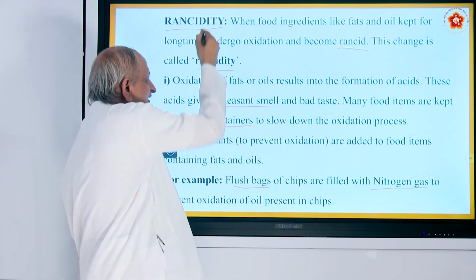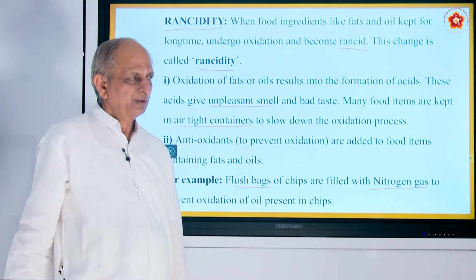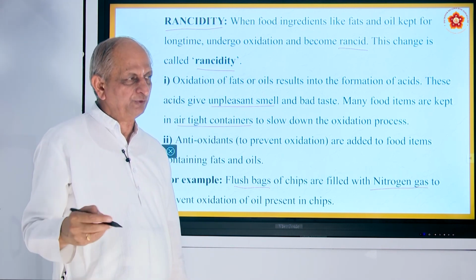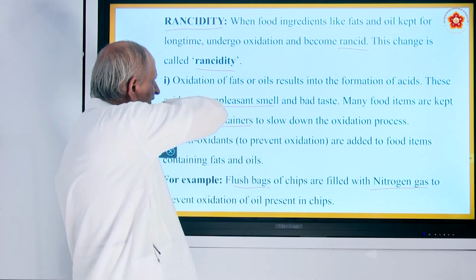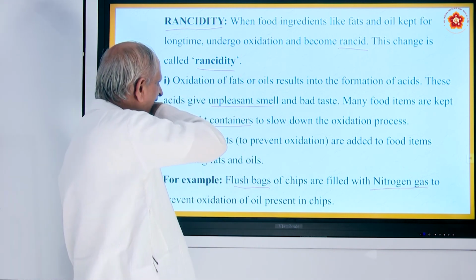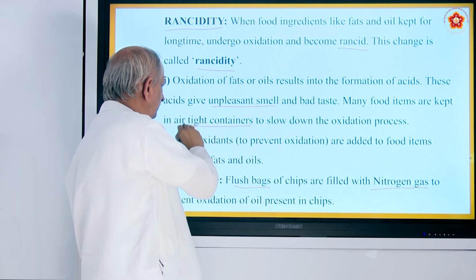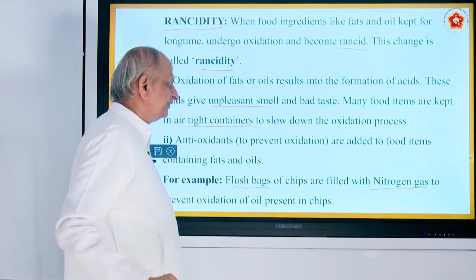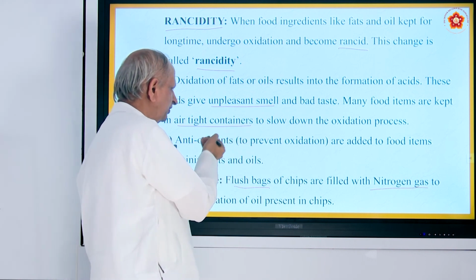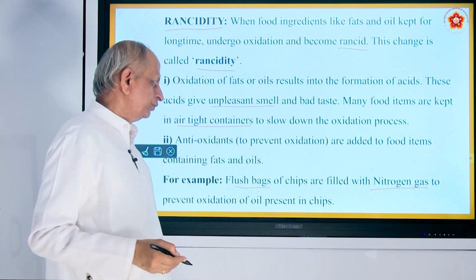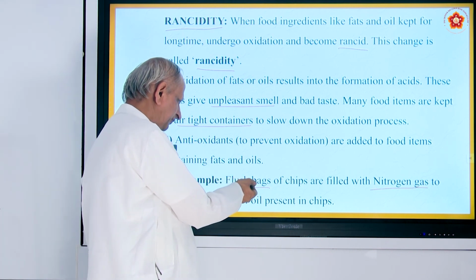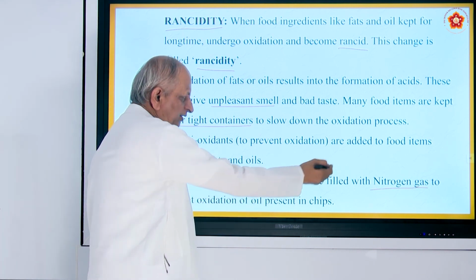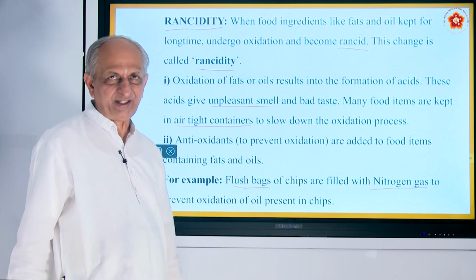So this rancidity is also one of the ways where food is spoiled. That can be avoided by using airtight containers, or by using some catalyst. In case of food items of daily use, we use nitrogen gas for retaining them.